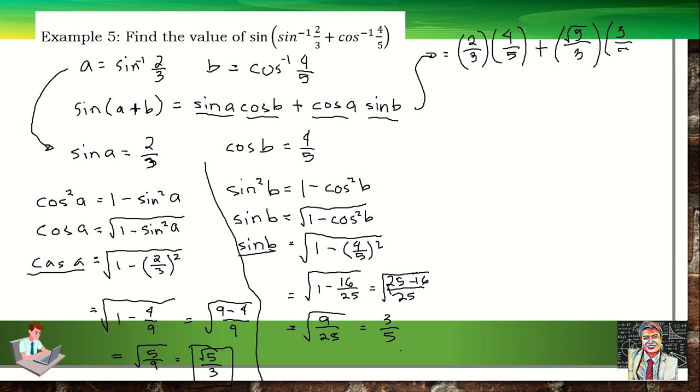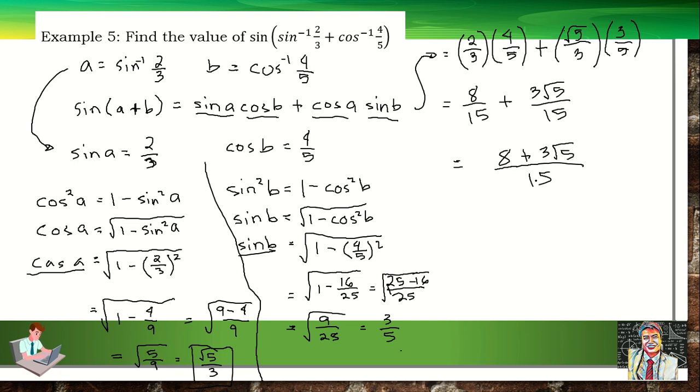Okay? Perform lang natin yung operations. So, by combining, so multiply natin sa isa. So, 3 times 5, that is 15. 2 times 4, that is 8. 8 over 15. Plus, square root of 5 times 3. So, this is 3 square root of 5 all over 15. Since both naman siya, so therefore, final answer natin is 8 plus 3 square root of 5 all over 15.